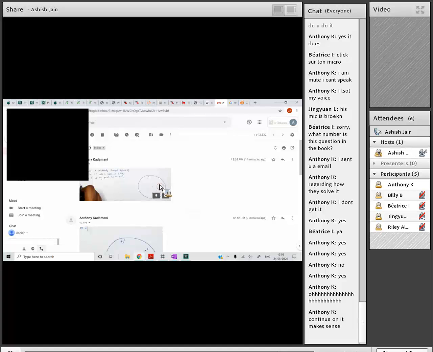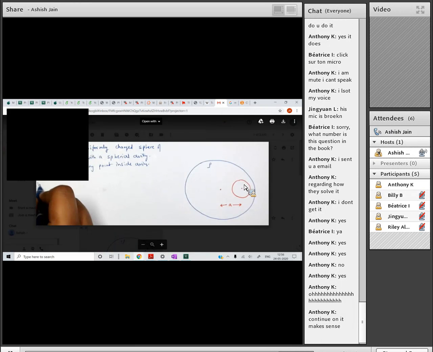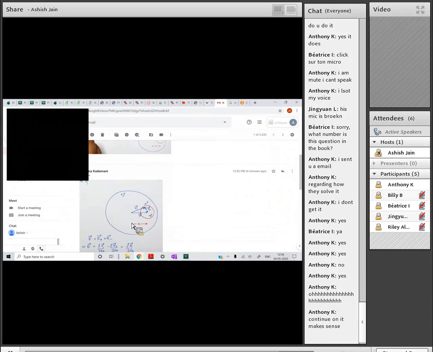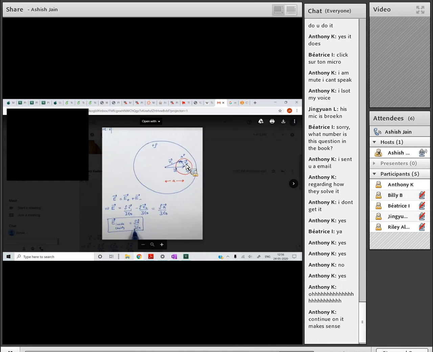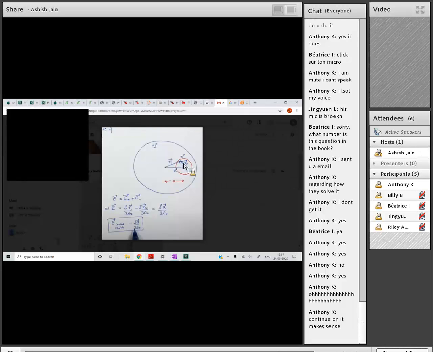Okay, so this is the thing. I was not getting the problem. The point P, they're finding the electric field at this point inside the spherical shell, at point P. You can see there's a point P marked there, and you are just writing R1 minus R2 as A cap.